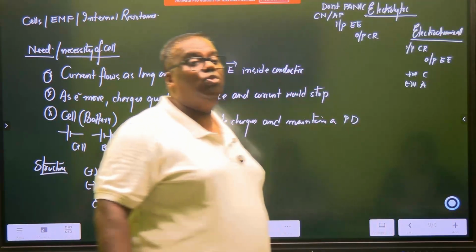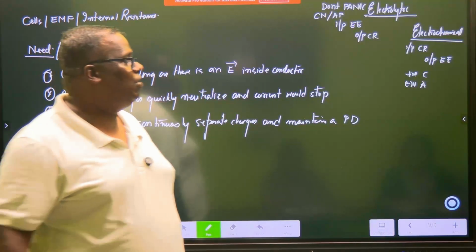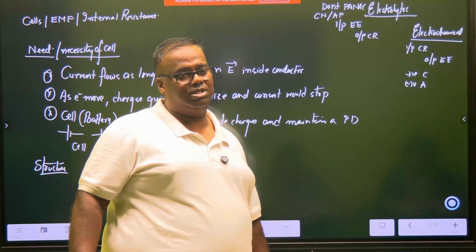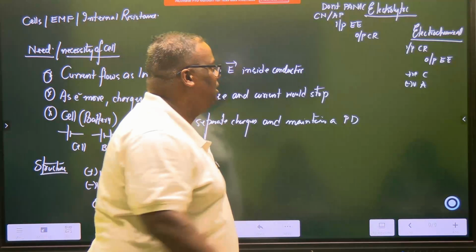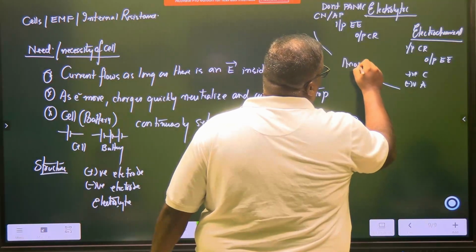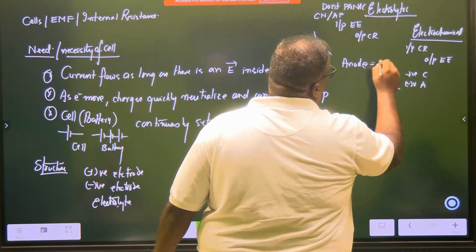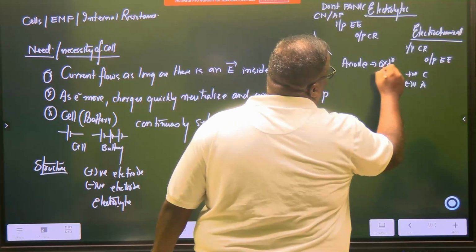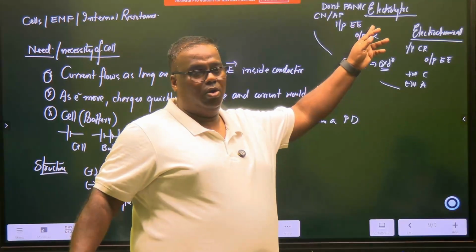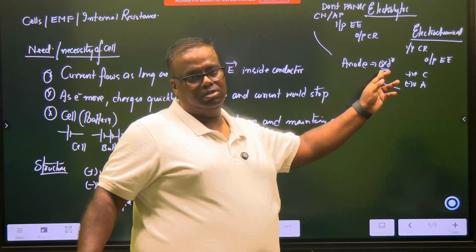Now this is the kiddo way of learning. The proper way of learning is anode is the electrode at which oxidation happens, right? That is true for both. Anode is the electrode where oxidation will happen. If you remember in electrochemistry, oxidation used to happen at anode.